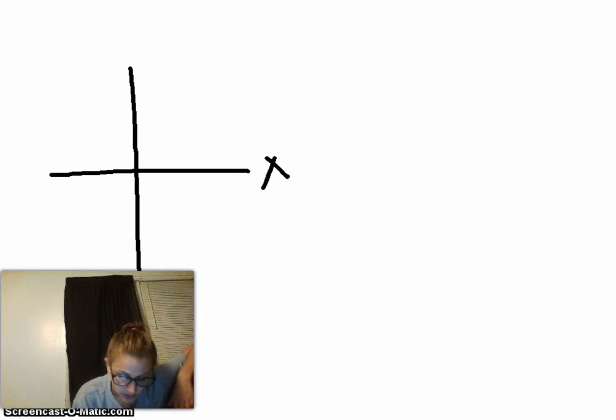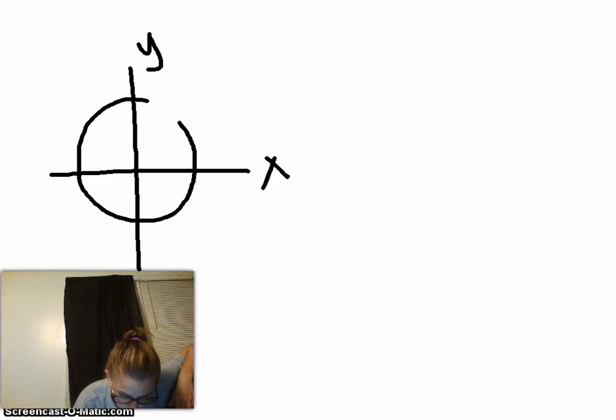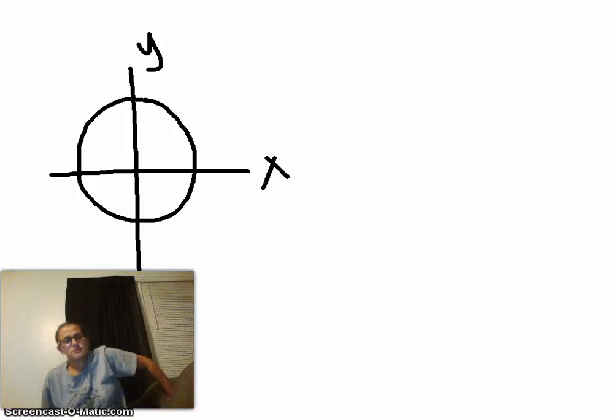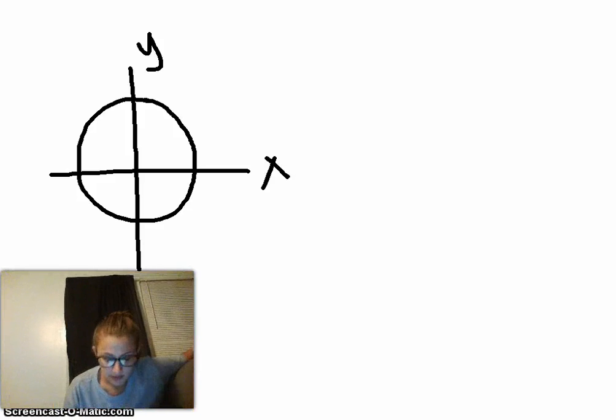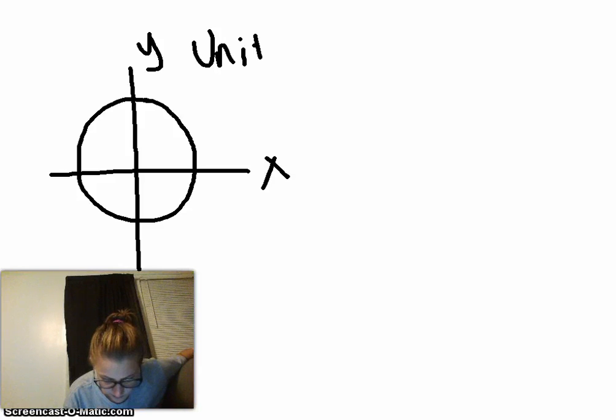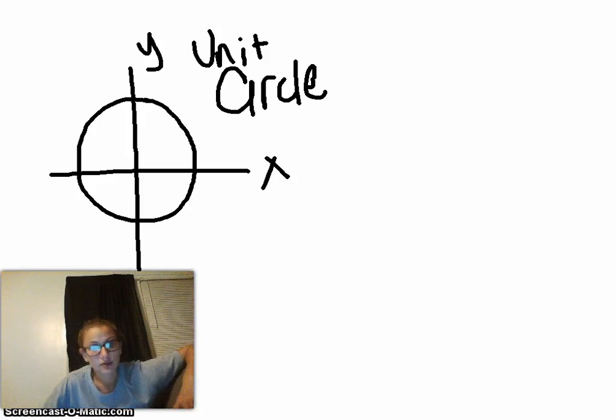Told you guys the unit circle was a big deal in this class. Doesn't have to be perfect, just a rough sketch. I'll even put a title on it, unit circle. Okay, we got a unit circle.